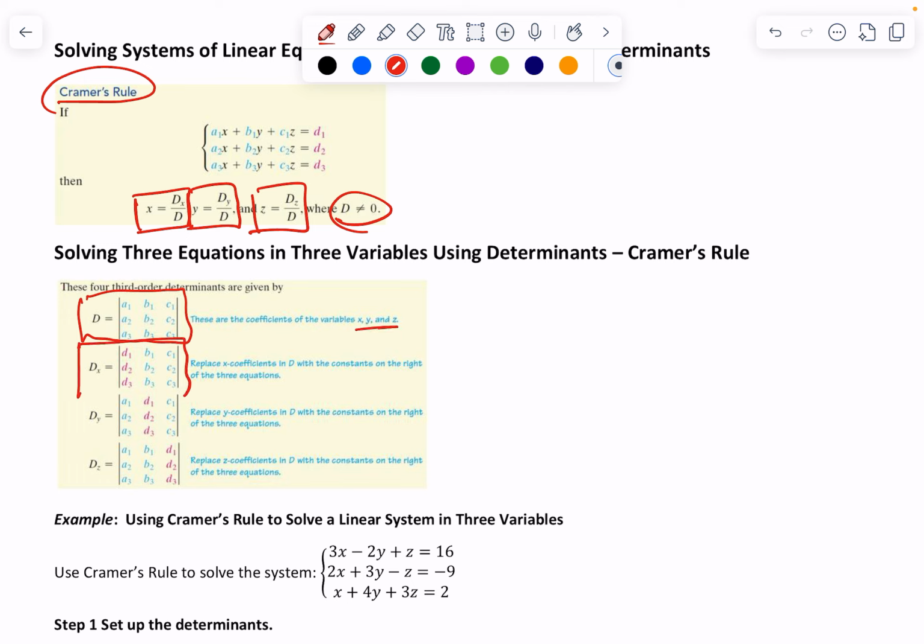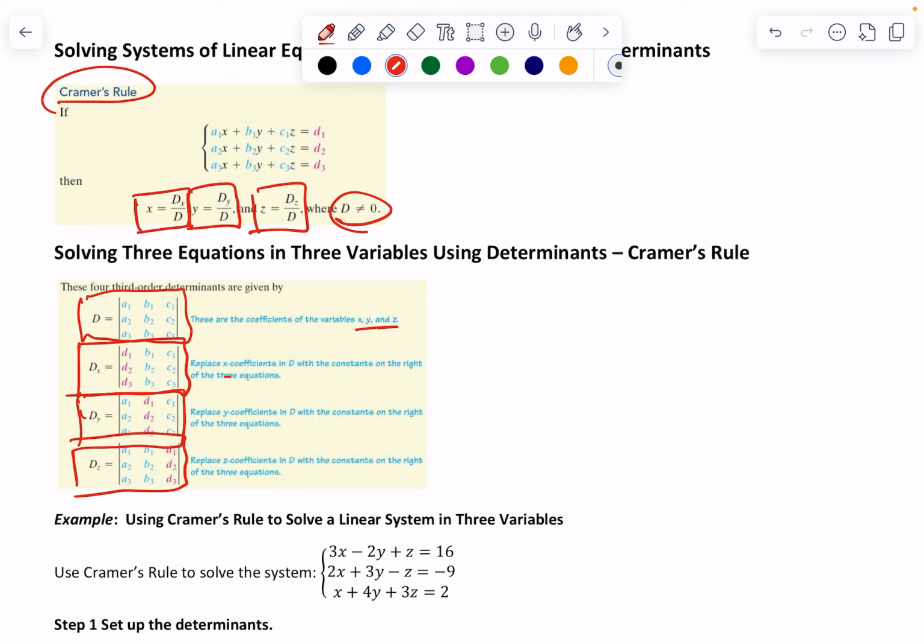D sub x, replace x coefficients in D with constants on the right of the 3 equations. And then D sub y, replace y coefficients in D with the constants on the right of the 3 equations. D sub z, replace z coefficients in D with constants on the right of 3 equations.